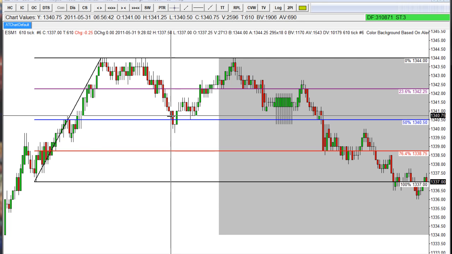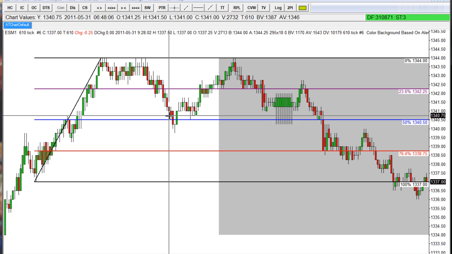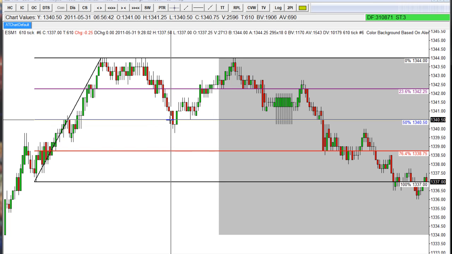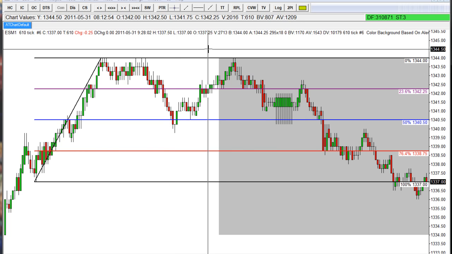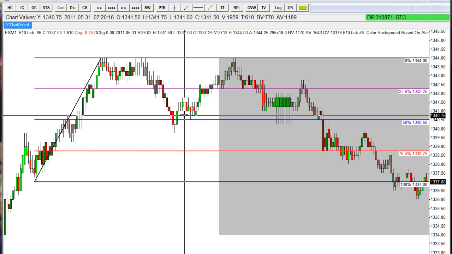I usually front run this level by one tick, so that means that if price hits this level, I know I'm gonna get filled. Sometimes price bounces right off the 50% level, so if you place your order at the 50% level, you might not get filled. Now this has some implications on the risk to reward ratio, which I will talk about later.